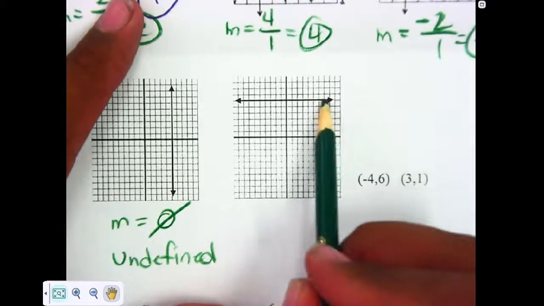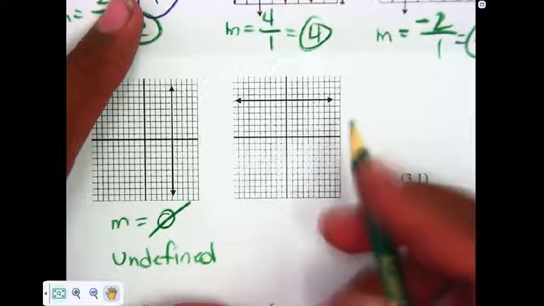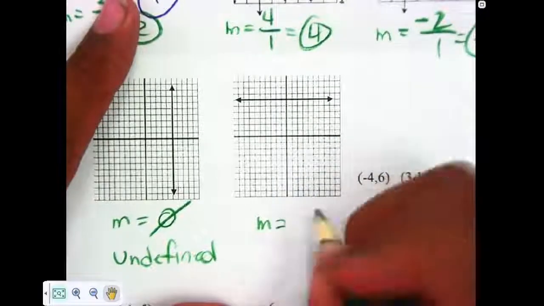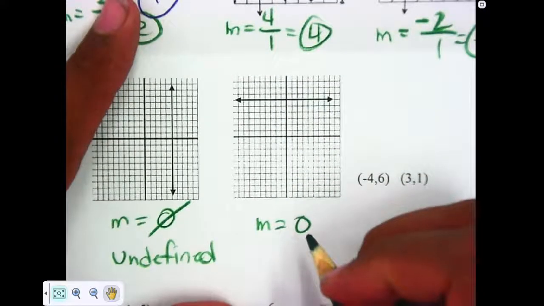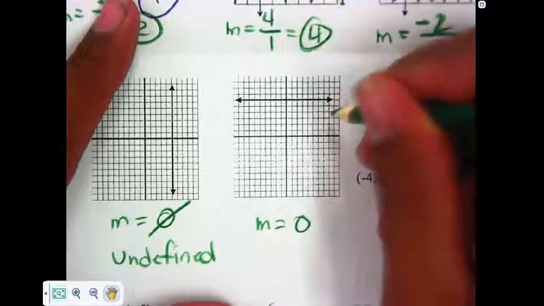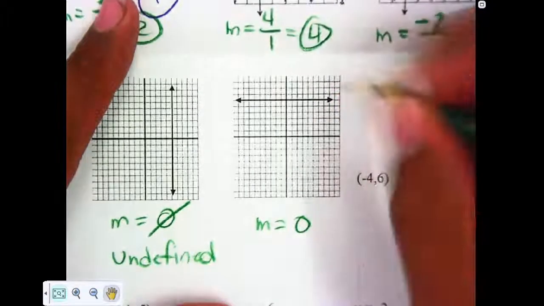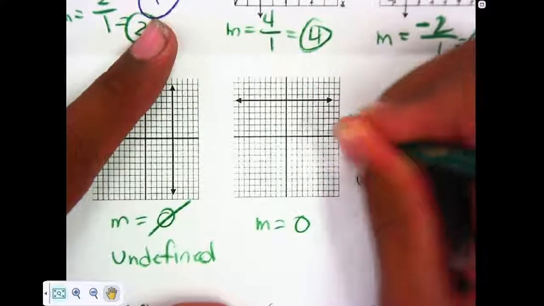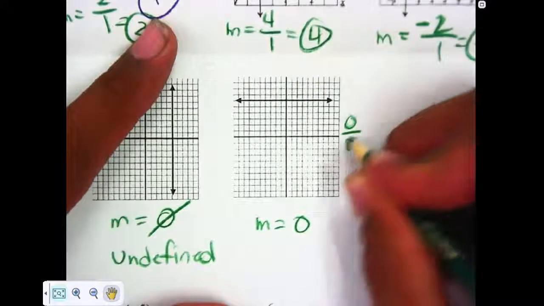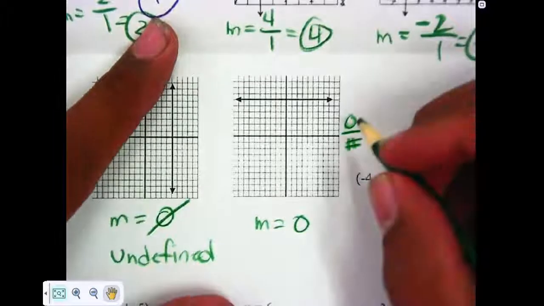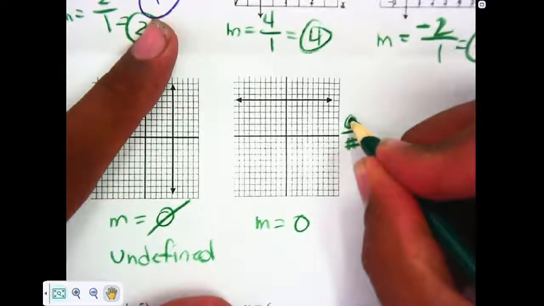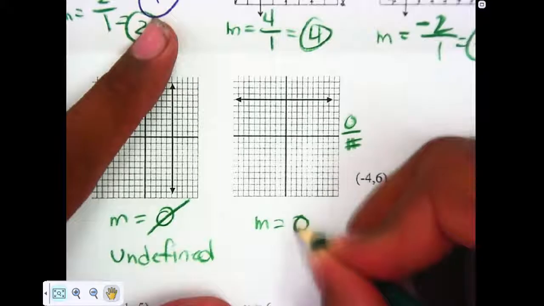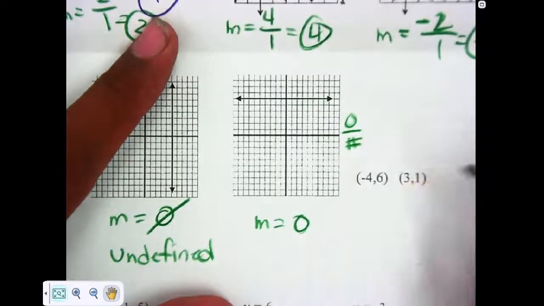So there's no change here. It's not going up, it's not going down. So then our slope is just 0 because there's no change at all. Now this is a case where we were like, well, why isn't this one undefined? Well, because the change in y is 0, but then the change in x is just any number you want. So this is a little different. 0 is on top this time. So that's okay. But any number with 0 on top is just 0.